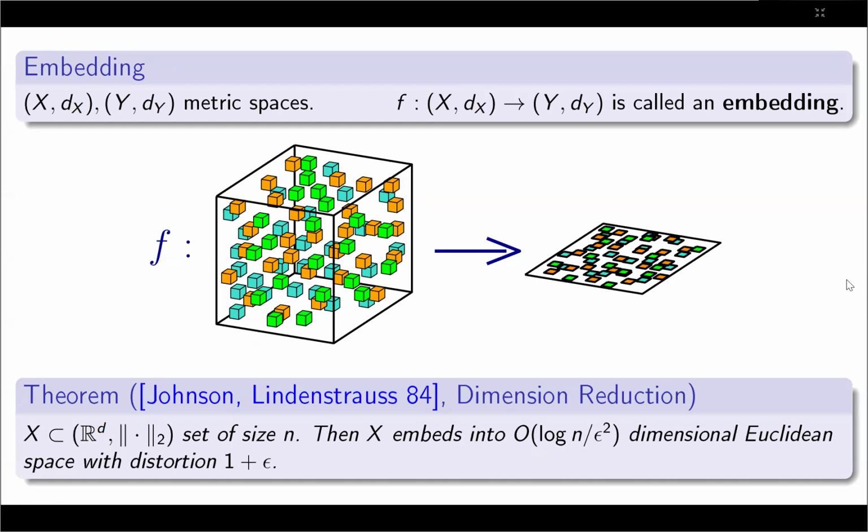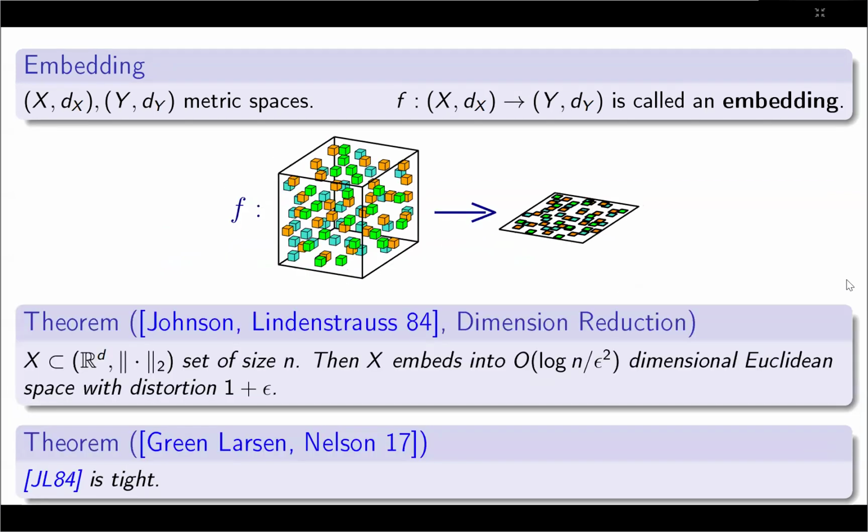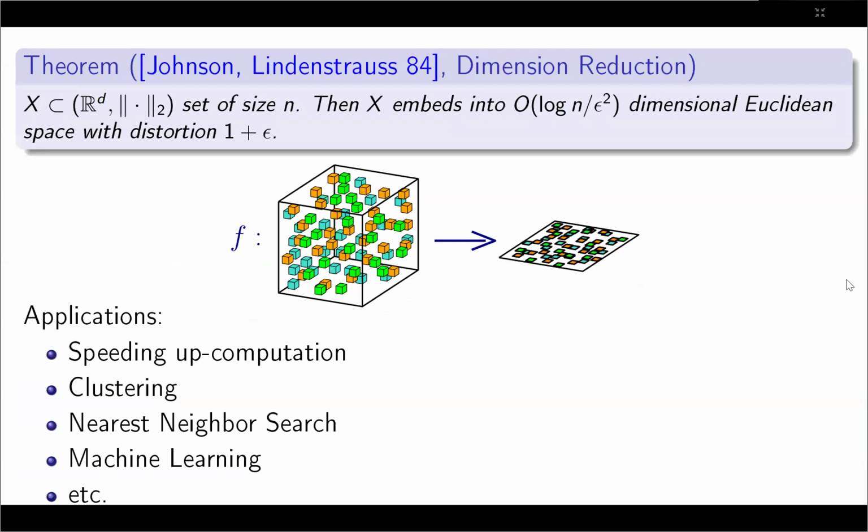Nothing higher than that is really necessary if you're willing to pay 1 plus epsilon. This is also tight, as was shown, not that recently, 8 years ago, by Larsen and Nelson. It is also used to speed up computations. All your clustering and nearest neighbor search algorithms go through JL.